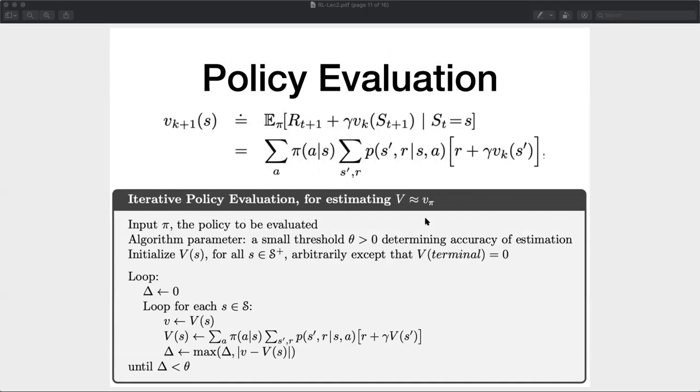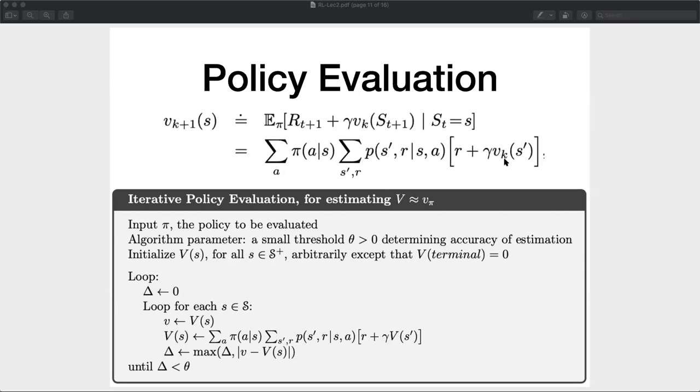To implement this, it's pretty simple. You can do it iteratively. So we say that the value function at some step k+1 is going to be that equation we wrote earlier. We're going to sum over all the actions and all the future states times the probability of making the transition, and you bootstrap, more bootstrapping.